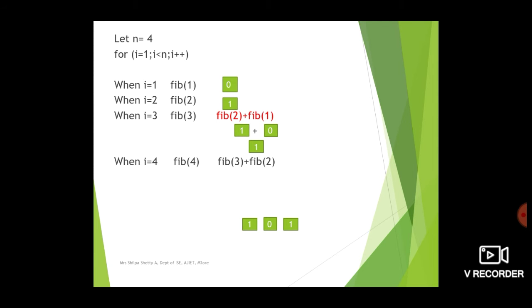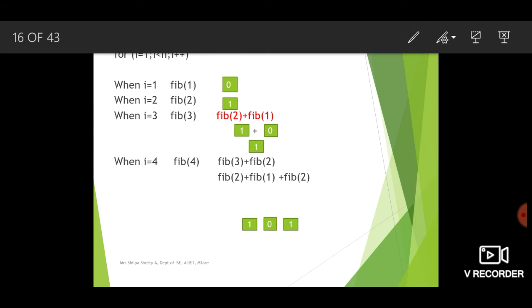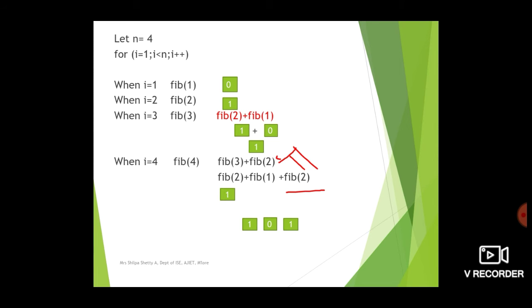So next, when i is equal to 4, fib of 4 will be called and fib of 4 will be fib of 3 plus fib of 2. So fib of 3 will be called, and fib of 3 will again call fib of 2 plus fib of 1. Fib of 2 we have already written here, so this portion is similar to this one. Fib of 2 will return 1.